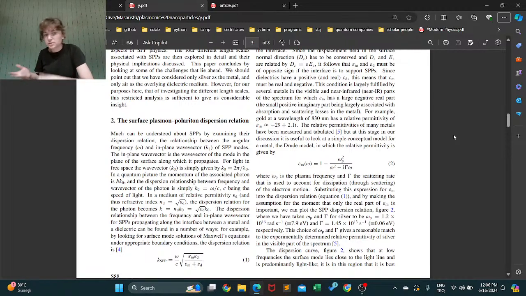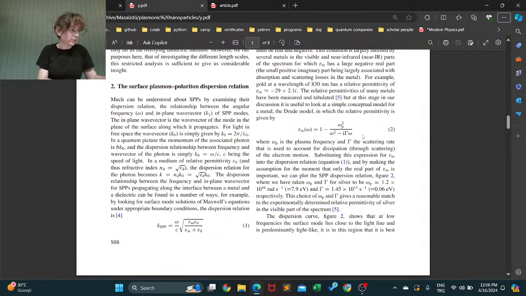Okay, so under appropriate boundary conditions, we obtain this dispersion relation. We need further physics, and I know that further physics, so let me try to explain it.